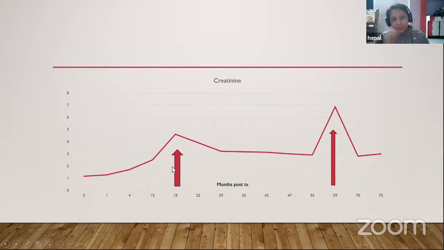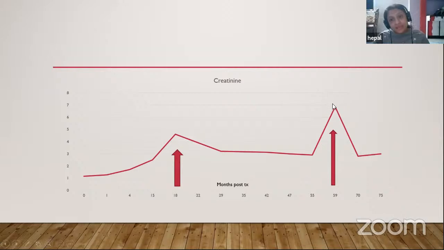During this time, we did a biopsy which showed CNI toxicity, and her tacrolimus doses were reduced, and she stabilized at a creatinine of 2.8 to 3 milligram per deciliter for another couple of years, until about 4.5 years post-transplant. She again had an acute surge in her renal dysfunction. She required temporary dialysis to support her.